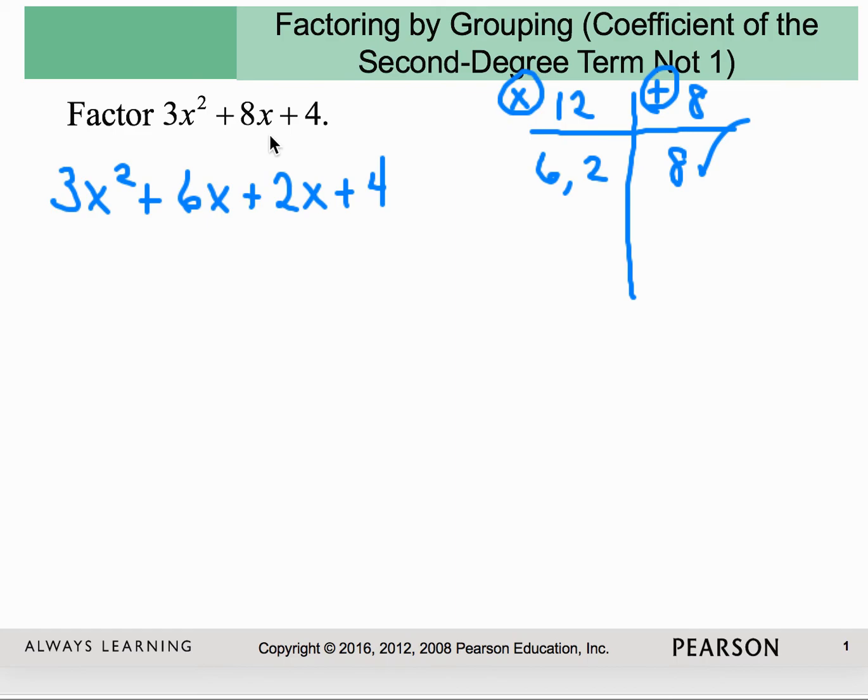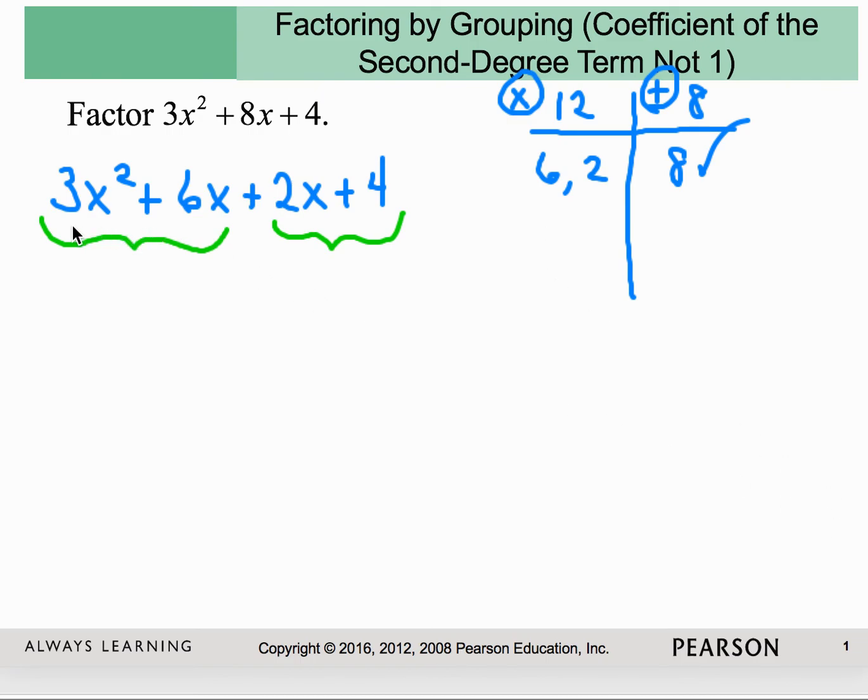All I did in doing this was make it be able to be factored by grouping. And by the way, if you find the right two numbers, it doesn't matter which order you put them here, it will factor. If it doesn't factor, it means you messed up on finding your numbers. If you can find the numbers, it will factor. If you cannot find the numbers and you try every combination, it's prime.